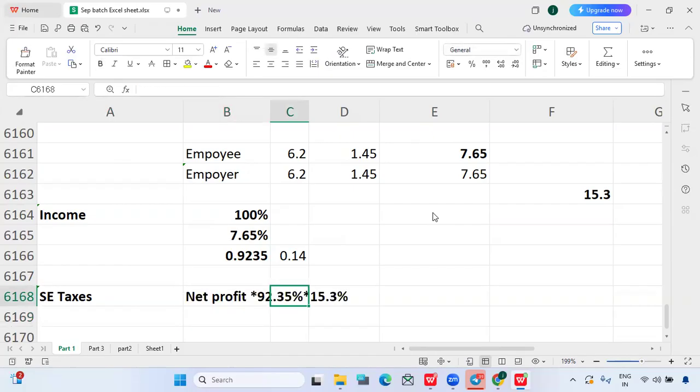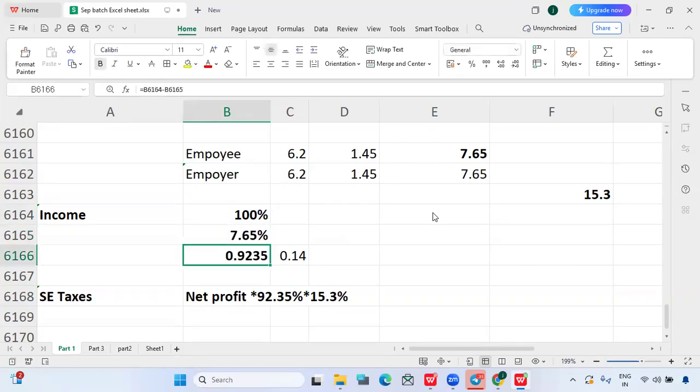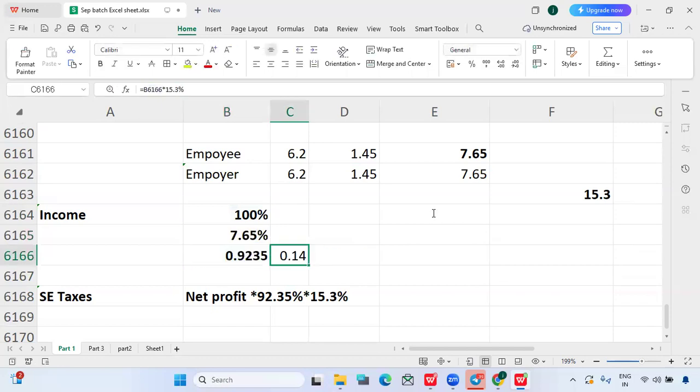Why 92.35? Because this is the whole 100% portion, and usually we would get 7.65% as a deduction. We are not taking the deduction now, so it is not accurate to apply 15.3 directly. So we eliminate the employee portion, see the remaining amount, and on that apply 15.3. This is clear, guys?